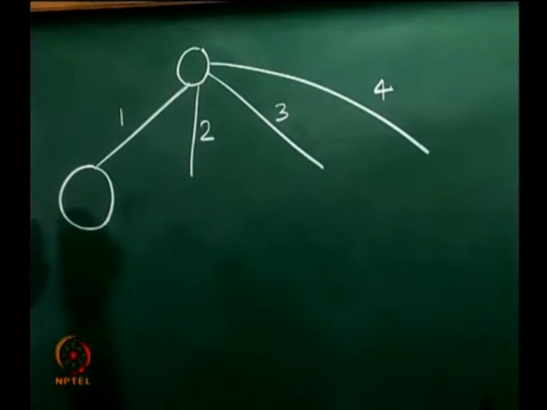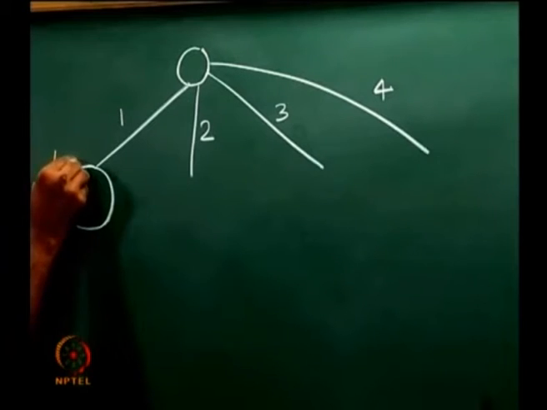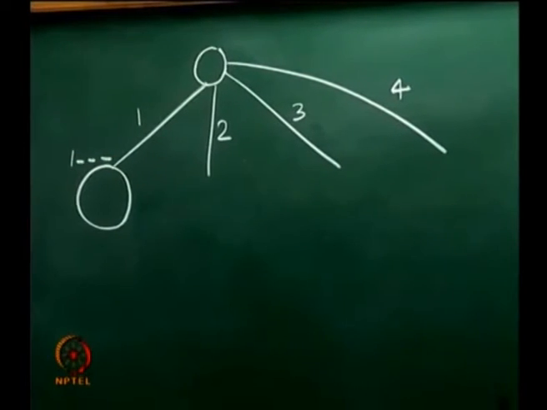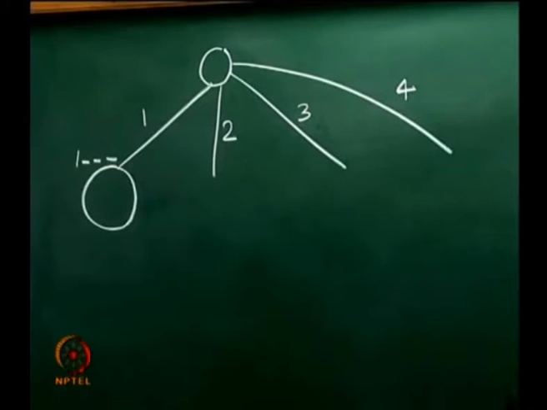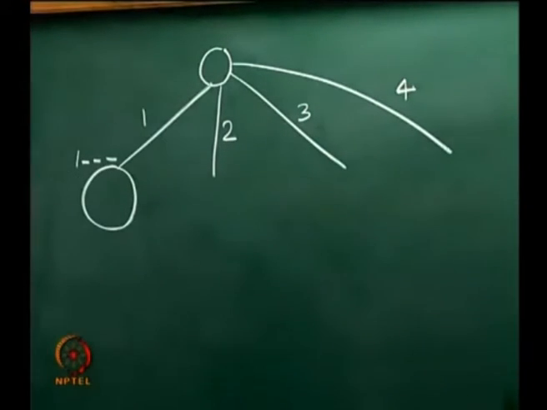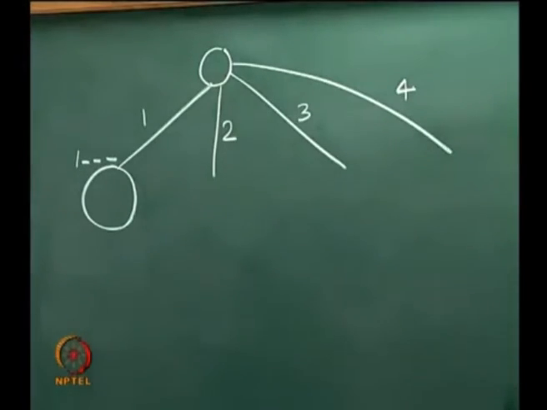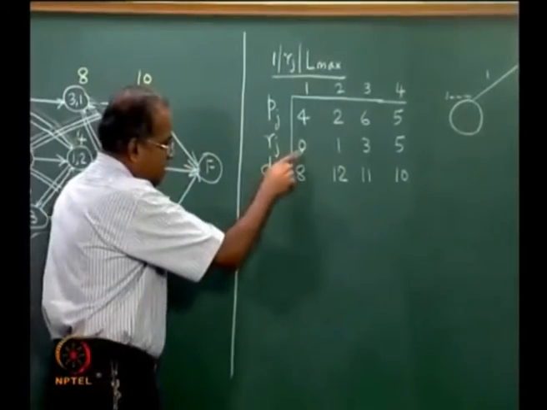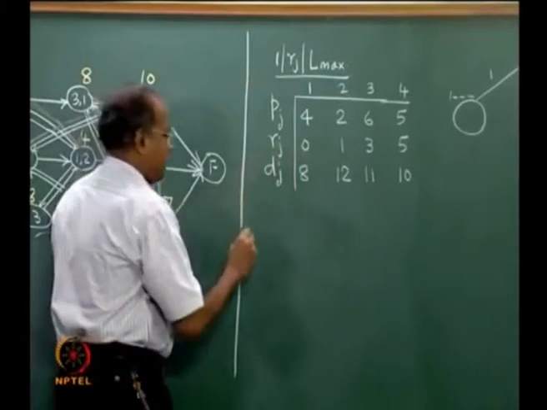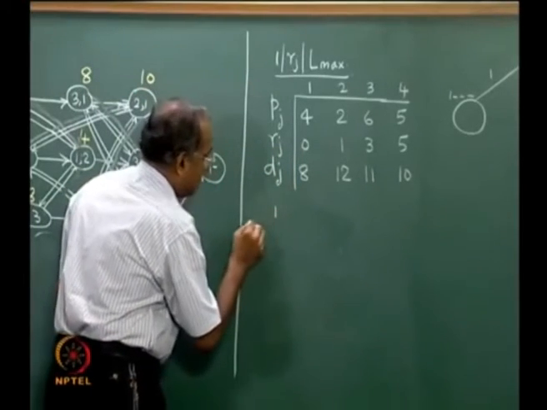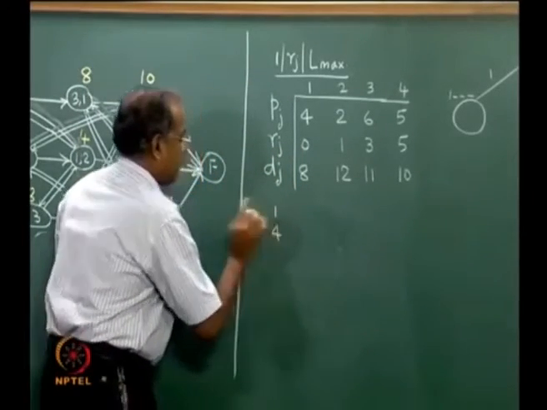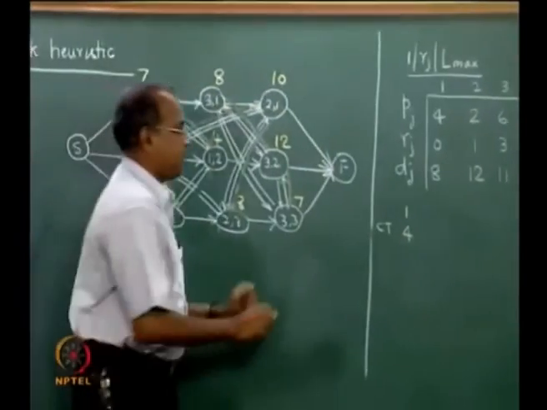So, this can be written as 1 * * *, where 3 other jobs will have to be put in a certain sequence. So, we now start with job 1 as the first job. Job 1 is ready at time equal to 0, so job 1 completion time is 4, due date is 8.